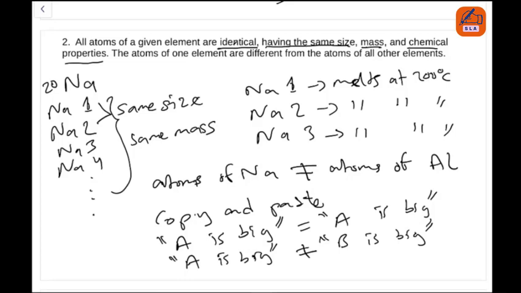Here we have A and here we have B. That is one of the simple analogies that you can use to differentiate between atoms of different elements. They are not the same.